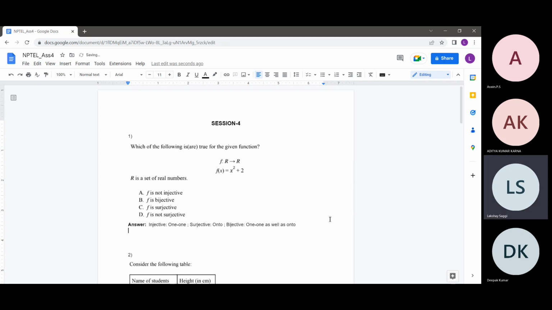Now let's check whether f is injective or not.